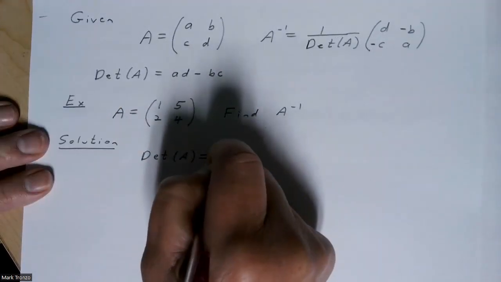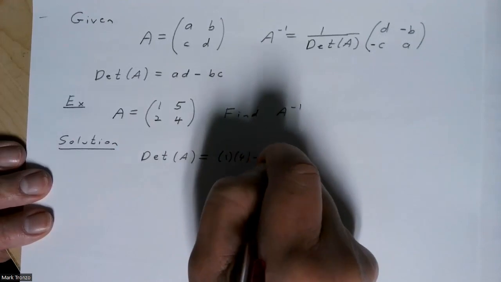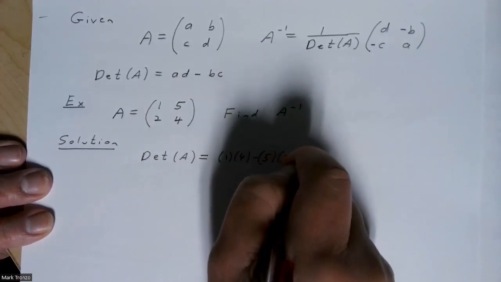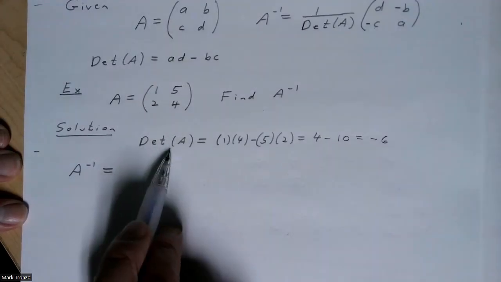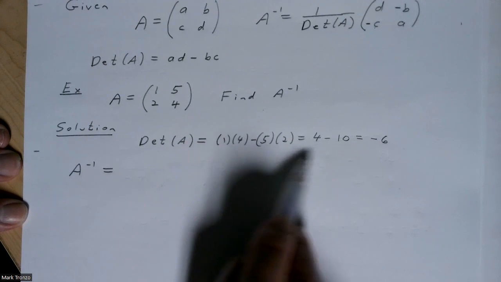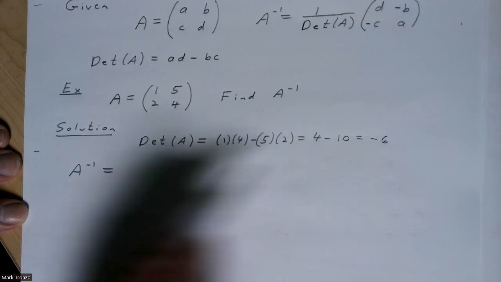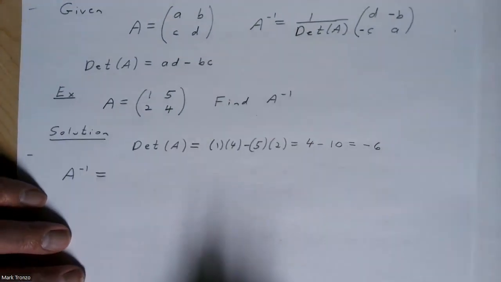Upper left times lower right minus upper right times lower left. So again, we have -6 for our determinant. And again, now apply this rule up here. Do 1 over the determinant.